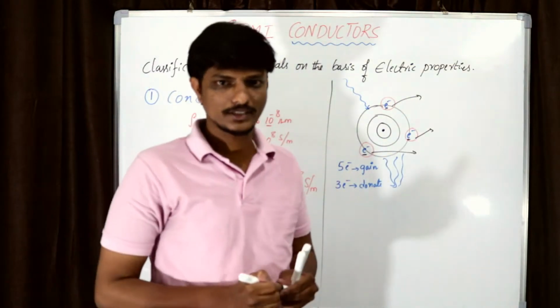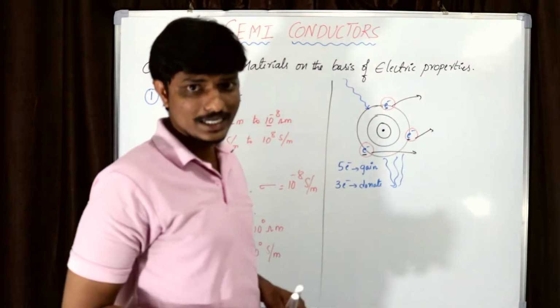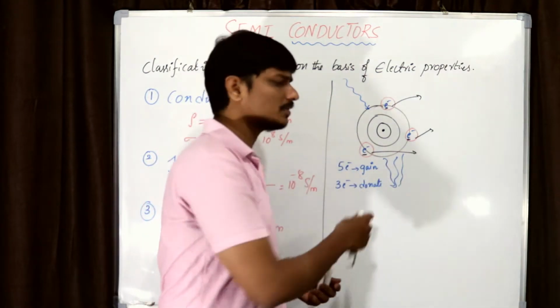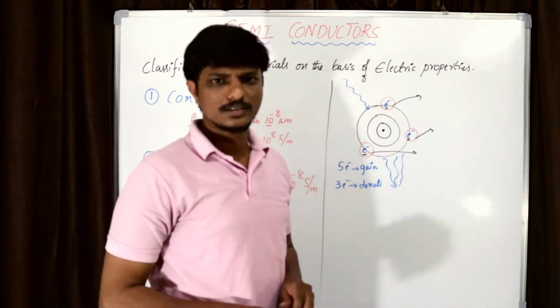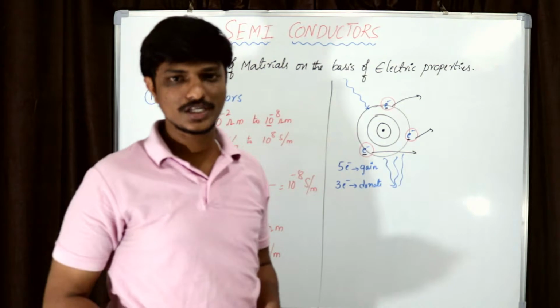Right? This is what you have learned. The electrons which are revolving in the outermost layer are called valence electrons. The electrons which have received sufficient energy either from the light or from the heat and come out of an atom are called free electrons or conduction electrons.